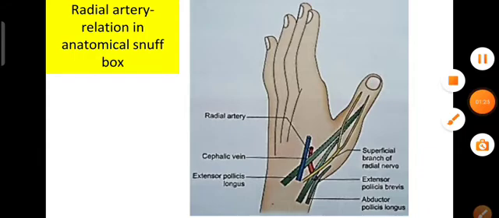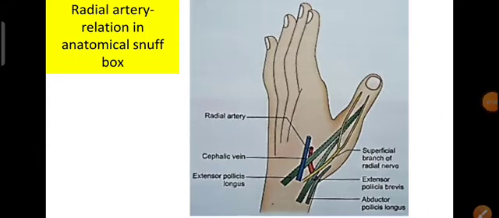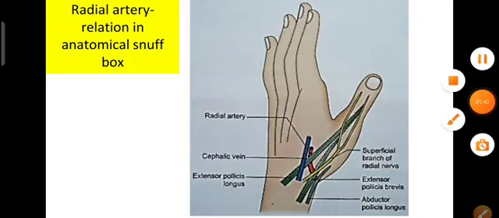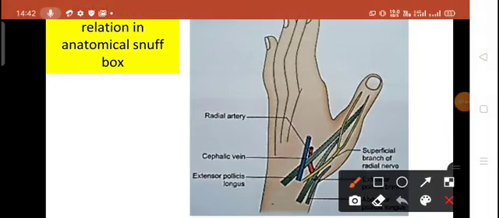You can see here, the artery runs forward, passing over the scaphoid bone, then again passing deep to the extensor pollicis longus tendon. This is the extensor pollicis longus tendon.